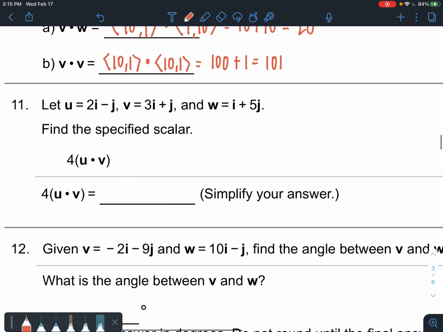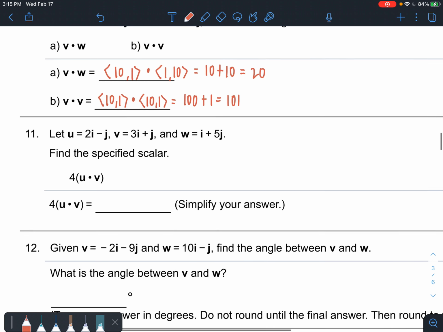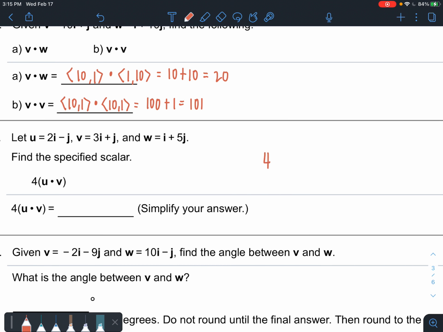Number 11. Says let u equal 2i minus j, v equal 3i plus j, and w equal i plus 5j, and find the specified scalar. So we were looking for 4 u dot v. So I'm going to have 4, and then go ahead and do our u, 2, negative 1, dot v, which is 3, 1.